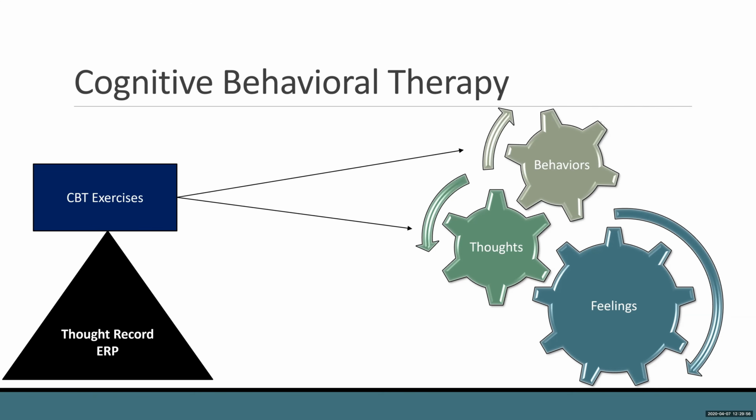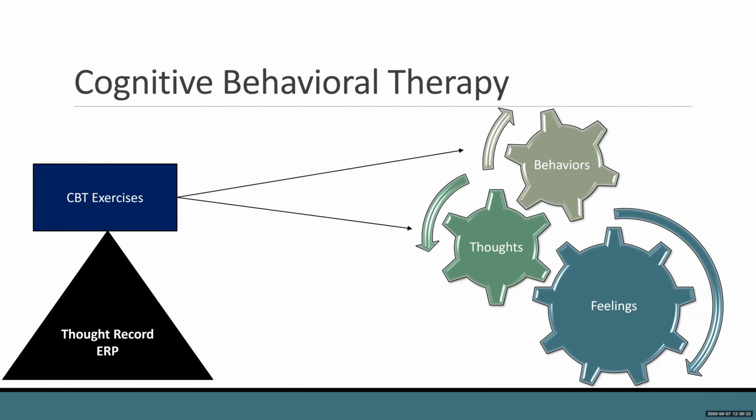That doesn't work, right? So the idea here is that we can change our thoughts and we can change our behaviors through practice and through exercises. And that's the idea behind doing the thought record and the exposure response prevention type exercises. Because if we can change our thinking, we can ultimately change our behaviors, then we can change how we feel. And ultimately, that's what we want, right?